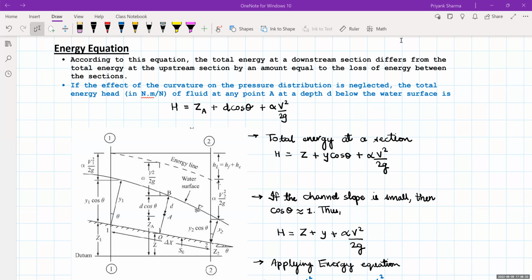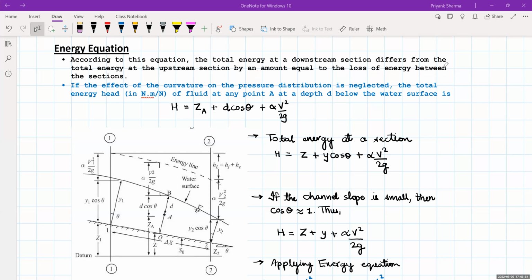Moving ahead, next is the second equation which we discussed, the energy equation. According to this energy equation, the total energy at a downstream section differs from that at the upstream section by an amount equal to the loss of energy between the sections.